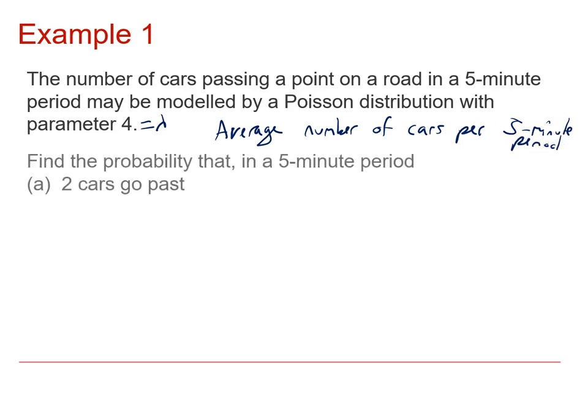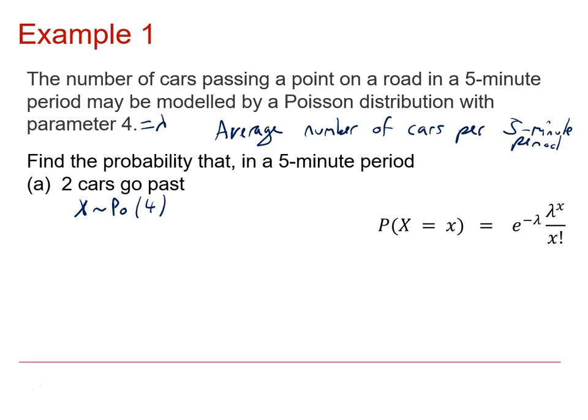And from that, we may be asked to find the probability that in a 5-minute period, 2 cars go past. So, first of all, we declare that x is distributed as a Poisson distribution with parameter average rate 4.